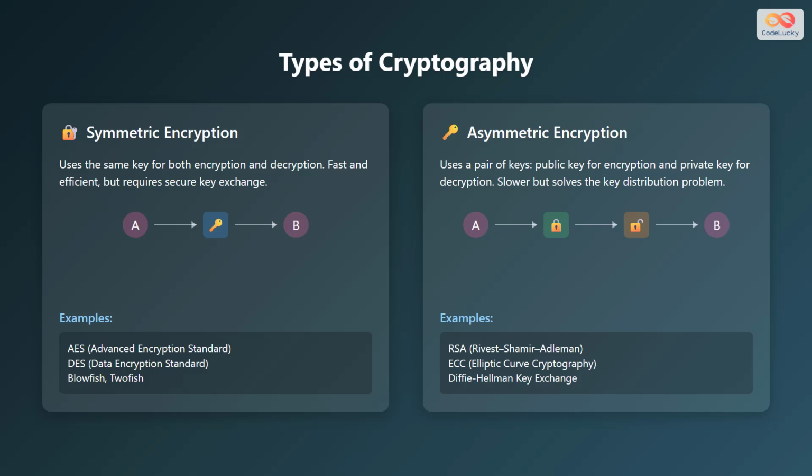Asymmetric encryption, also known as public key cryptography, uses a pair of keys, a public key for encryption and a private key for decryption. The public key can be freely distributed, while the private key must be kept secret. Asymmetric encryption solves the key distribution problem, but is generally slower than symmetric encryption. Examples of asymmetric encryption algorithms include Rivest, Shamir and Adelman, elliptic curve cryptography, and Diffie-Hellman key exchange.